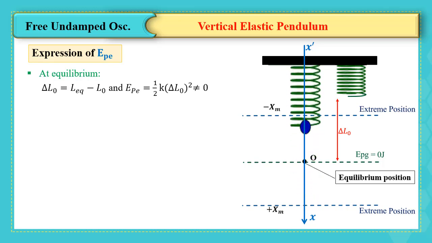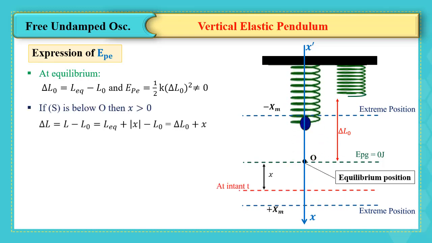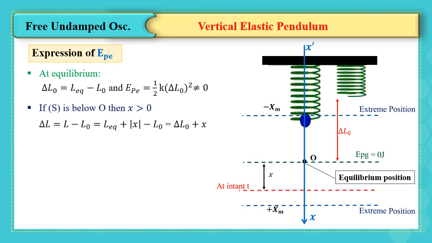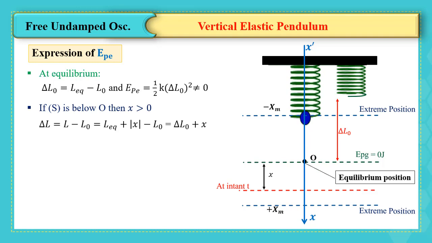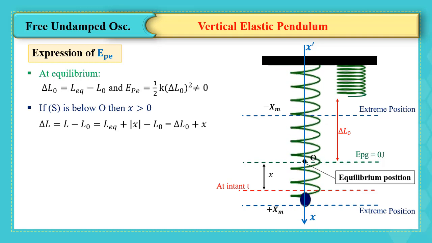In this case, choose the first position where S is below O, then X is positive. Delta L can be written as L minus L0, but L is L at equilibrium plus the absolute of X, minus L0.